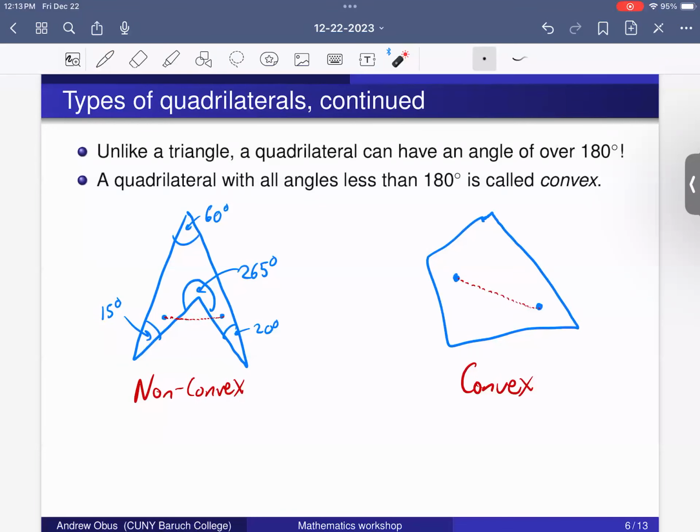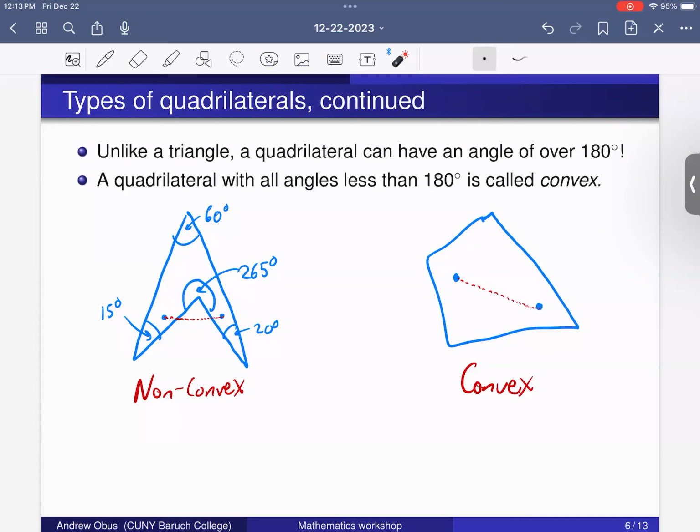Okay, and with triangles, of course, you can't have an angle over 180 degrees. So I'll answer your question in a second. A triangle, every angle is under 180 degrees because they add to 180. So a triangle is always convex. So Tony, to answer your question, convex means if you have any 2 points inside the quadrilateral and you connect them with a line, then the entire line is inside the quadrilateral.